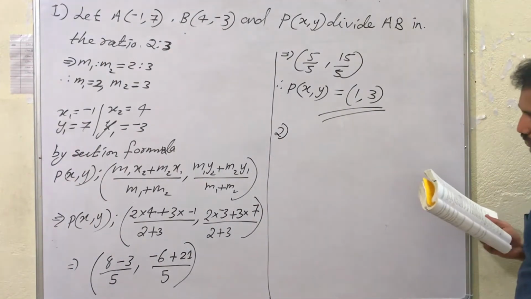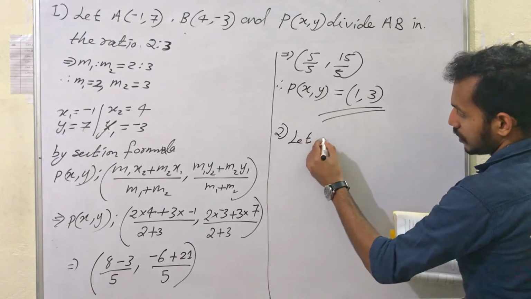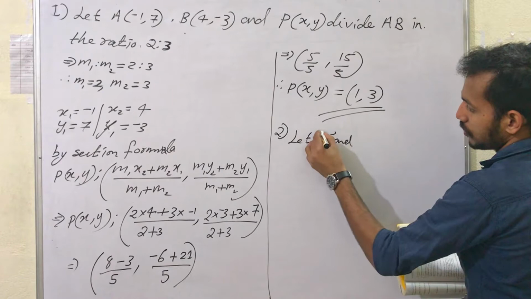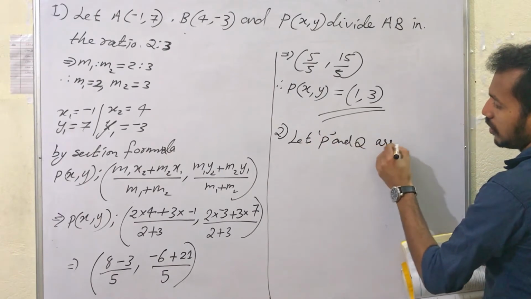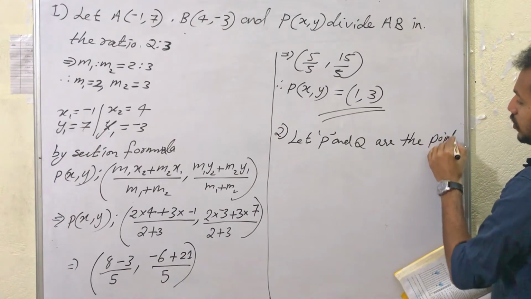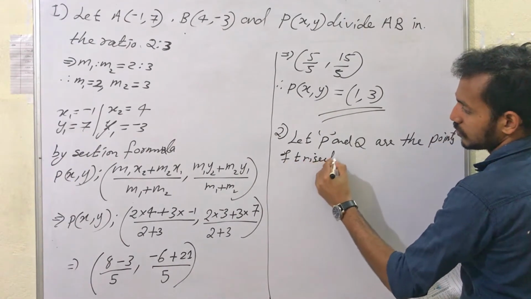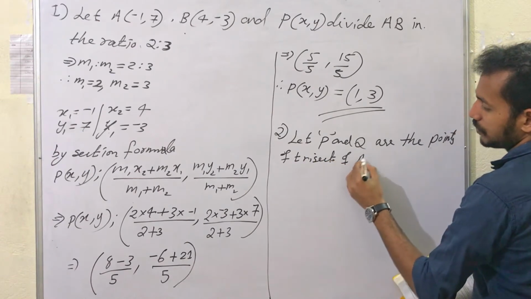2 points given. Okay, so let's put that. Let P and Q be the points of trisection of AB.